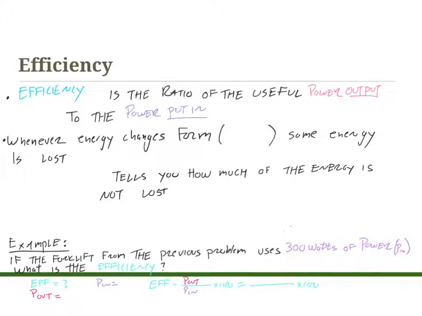So what that tells me is that whenever energy changes form, so for example, E chem changes to EK, some energy is lost, and that energy is lost through dissipation.